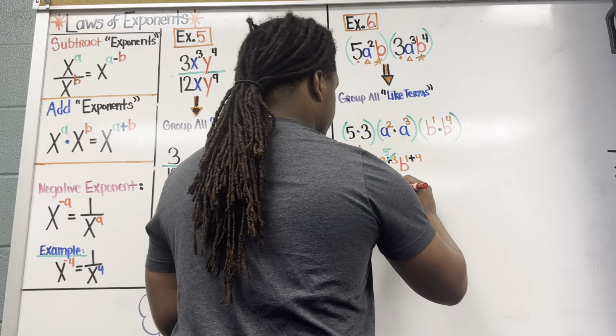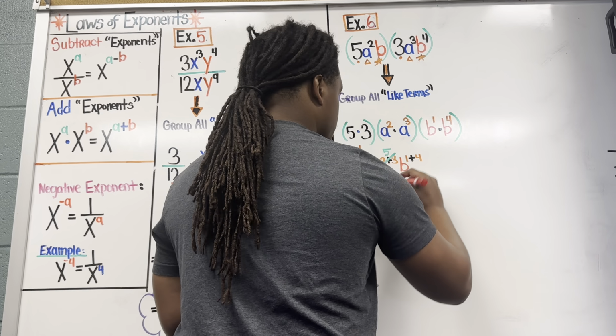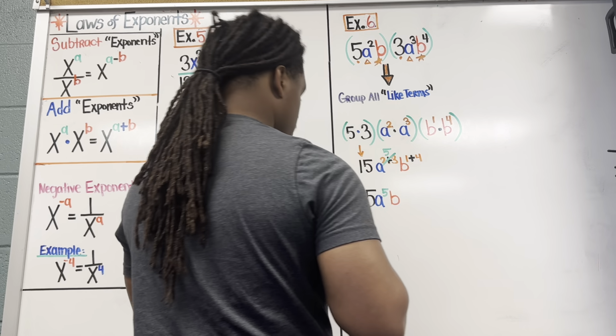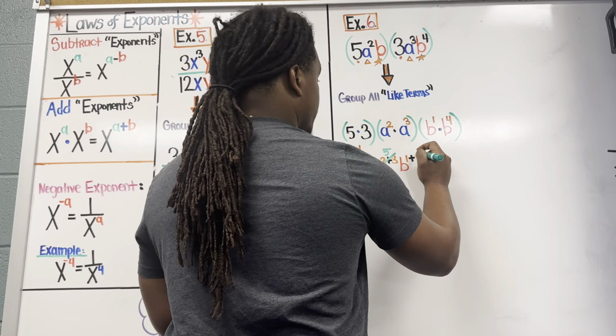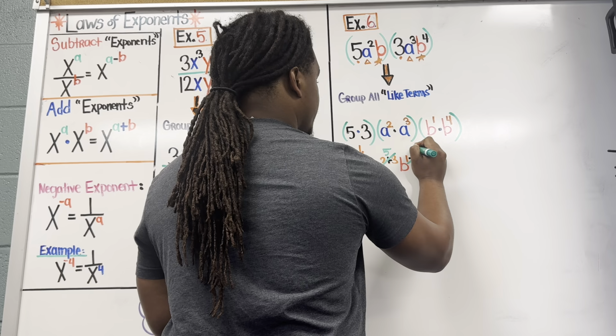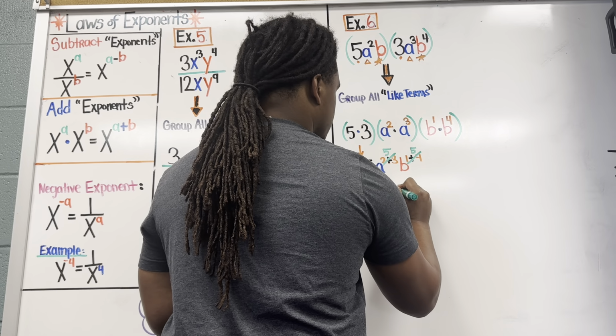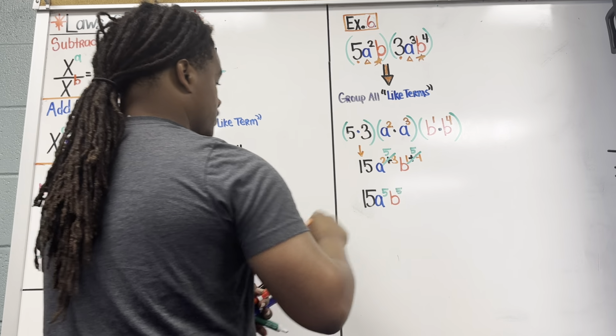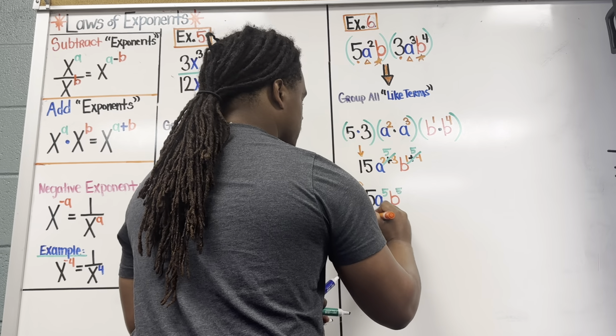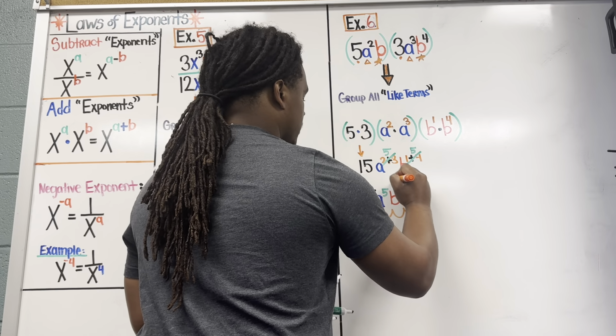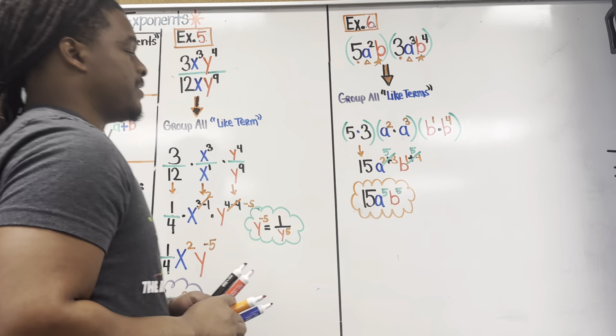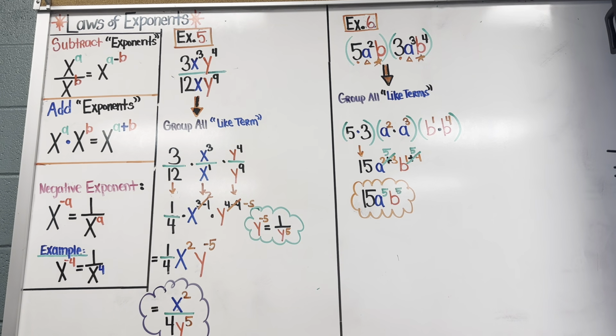And then for b, we have b to the first power plus b to the fourth power, and 1 plus 4 equals 5. So that's also b to the fifth power. This is my final answer: 15 times a to the fifth power times b to the fifth power.